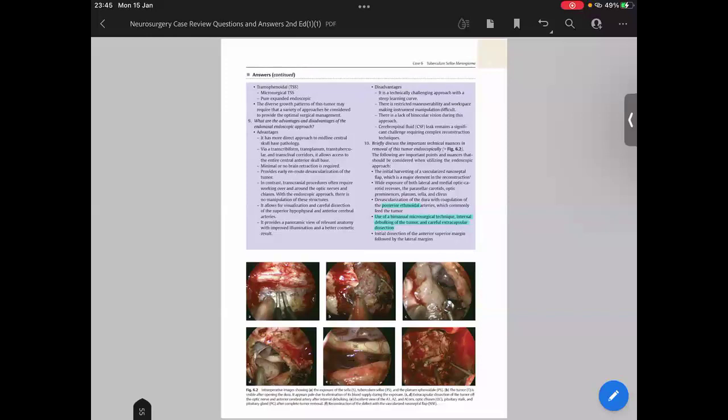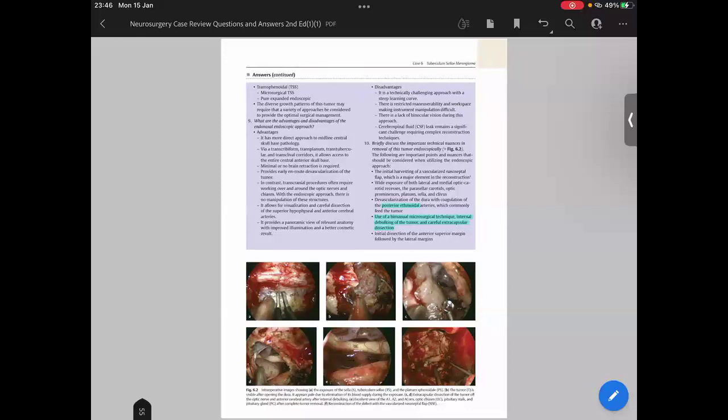What are the advantages and disadvantages of the endonasal endoscopic approach? Advantages are that it has a more direct approach to the midline central skull base pathology. And if we go via the transcribriform, transplanum, transtubercular, transclival corridors, we shall have access to the entire central anterior skull base.